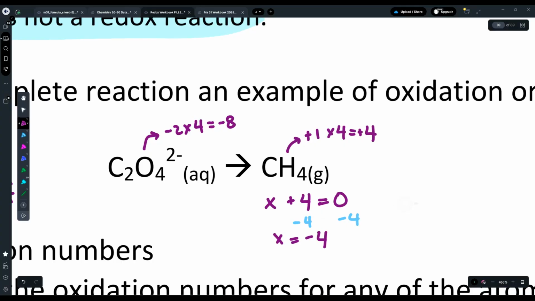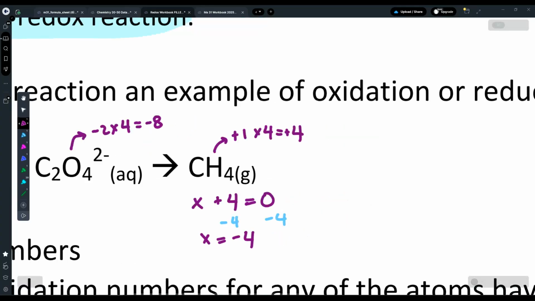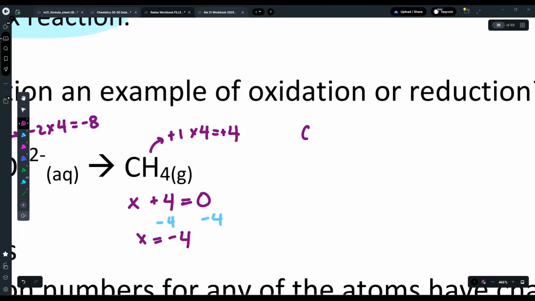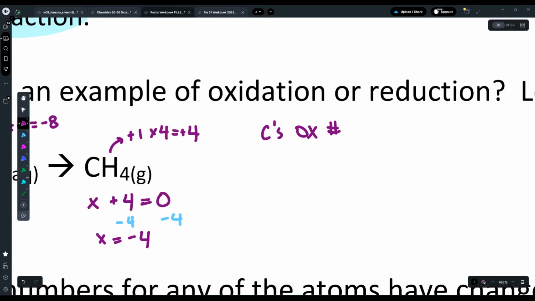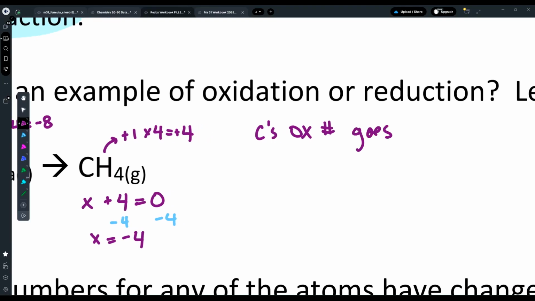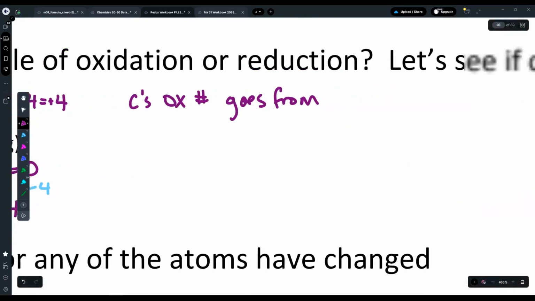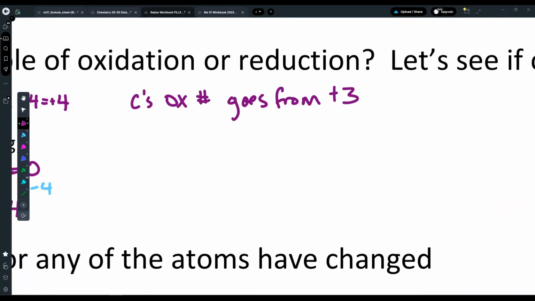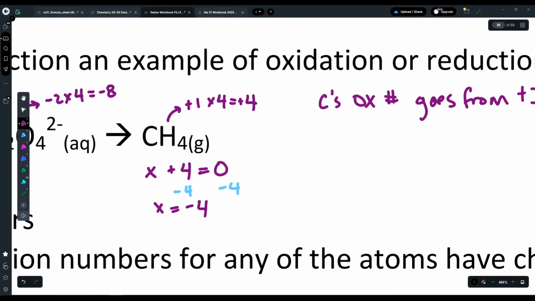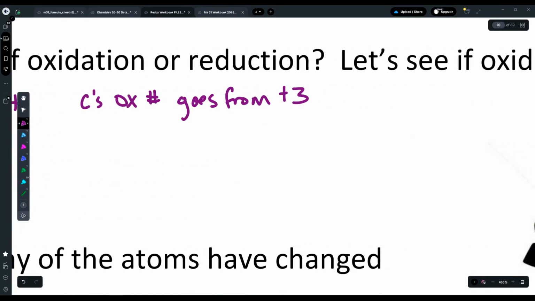Okay, so what's happening here is carbon's oxidation number, also known as oxidation state, goes from this +3 that it was on the reactant side to -4 on the product side.